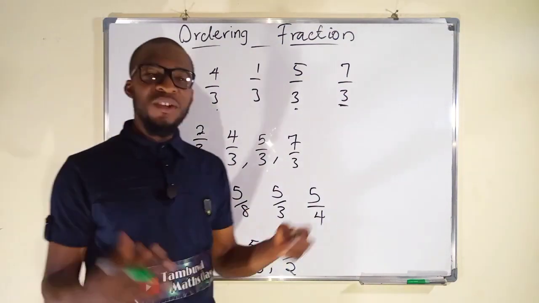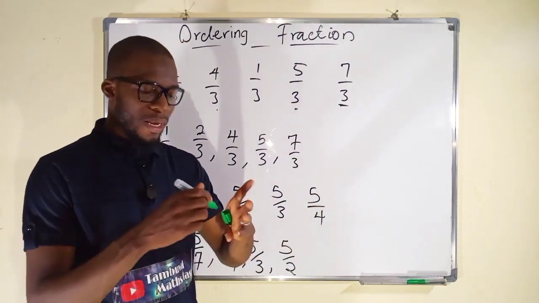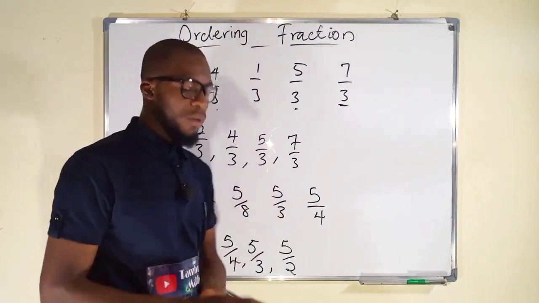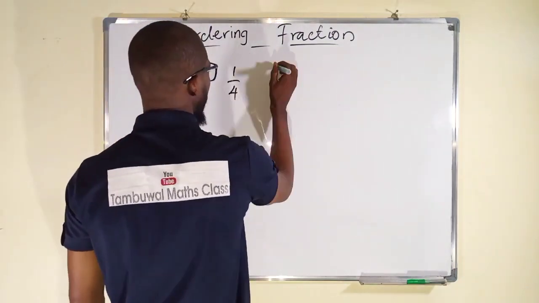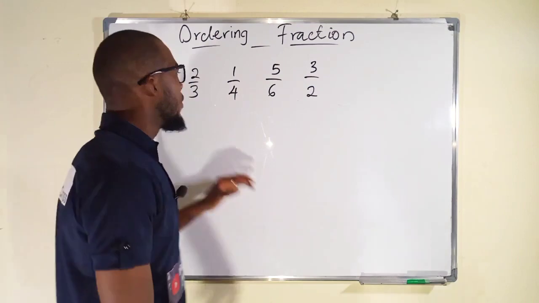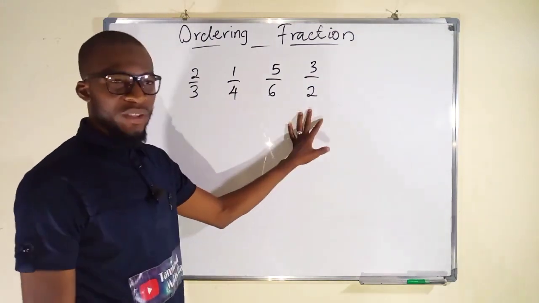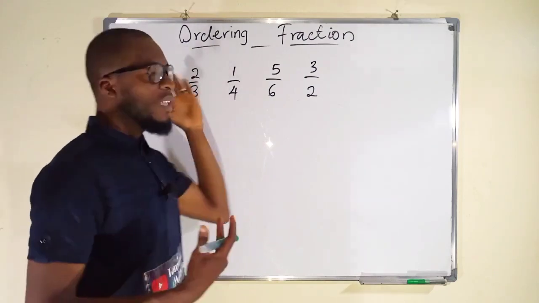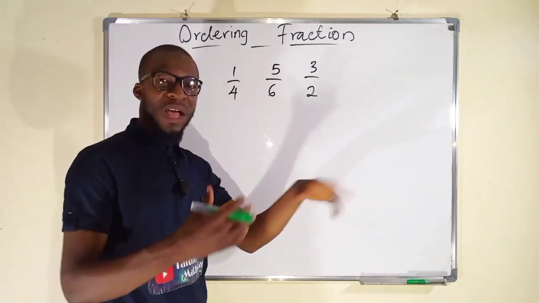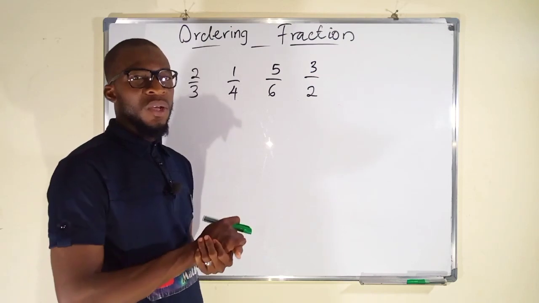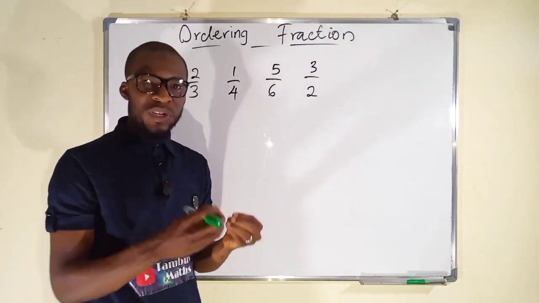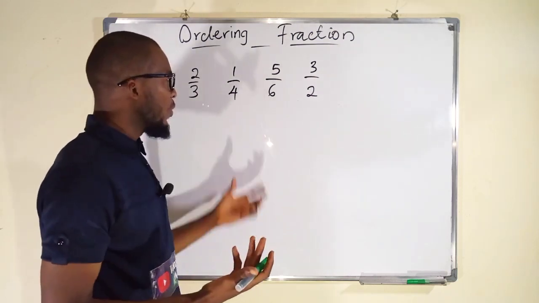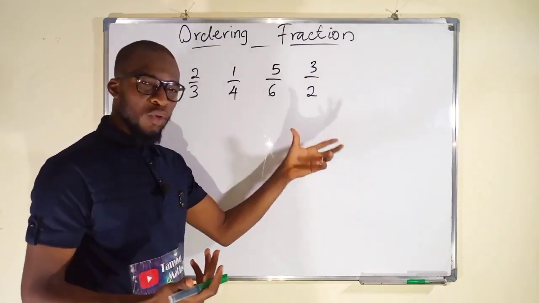So what if they do not have anything in common, like they do not have denominators in common or numerators in common? If you look at these four fractions, they do not have anything in common. You can see their numerators and their denominators are different from one another. So how can we identify the smallest or the biggest fraction here? Still, we can manage to find the LCM of the denominators.